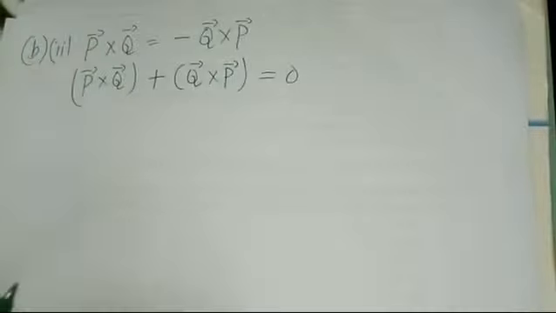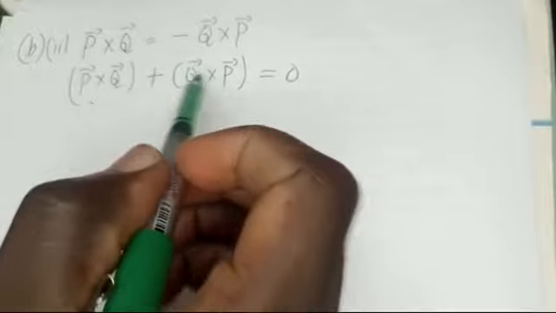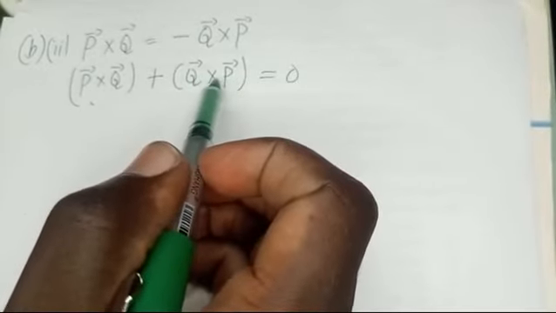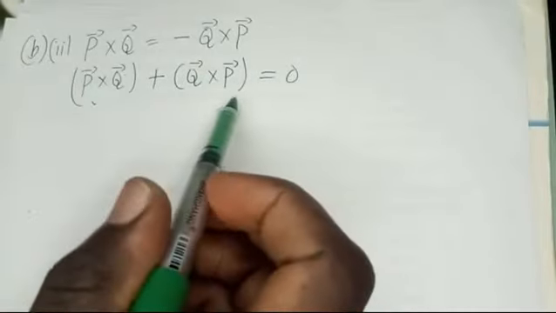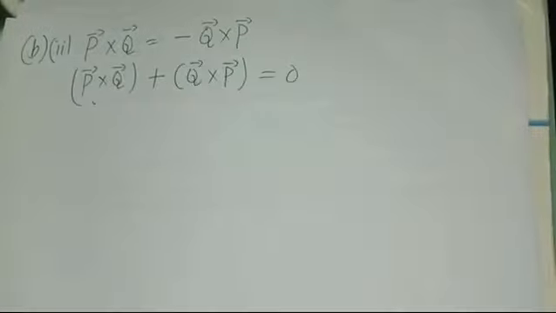Since I got this one, the next thing I have to do is to get my Q cross P. If I get Q cross P, then I will add the two vectors. If it gives me 0, then this condition is satisfied. Otherwise, it's not.